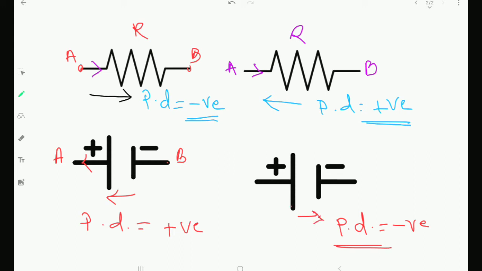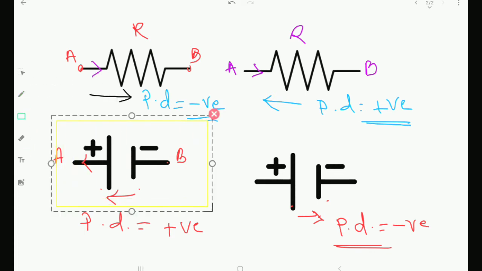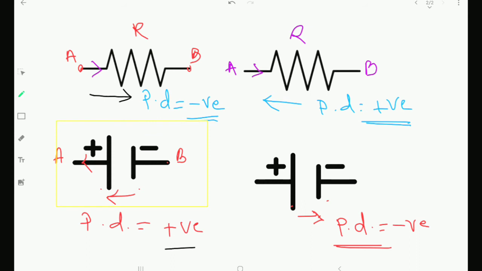Low potential to high potential, the potential difference is positive, and high potential to low potential, the potential difference is taken as negative.